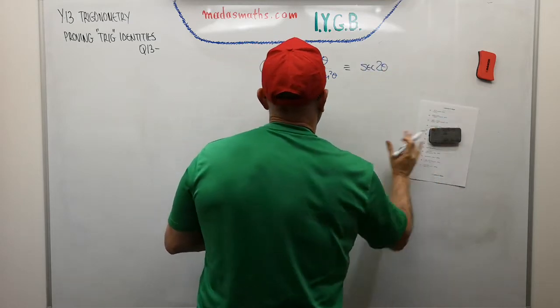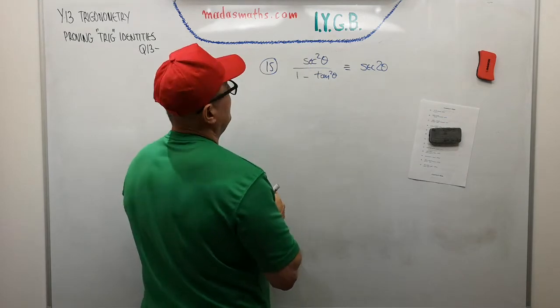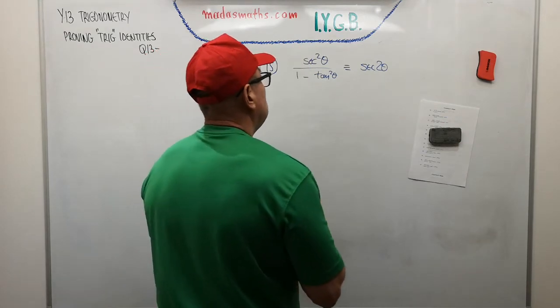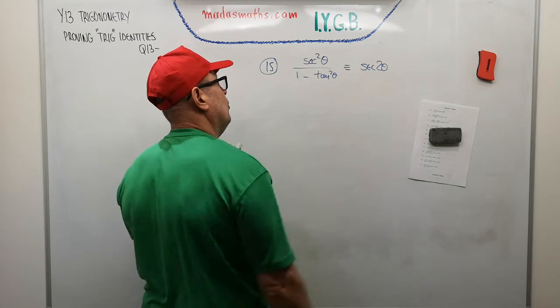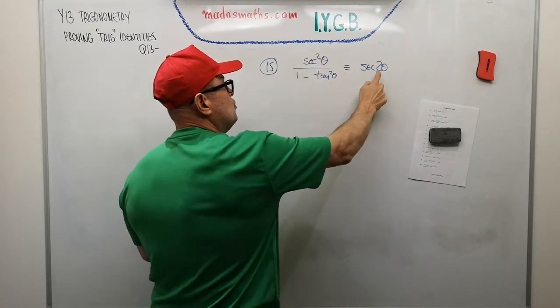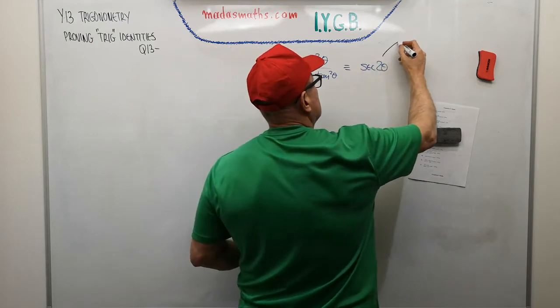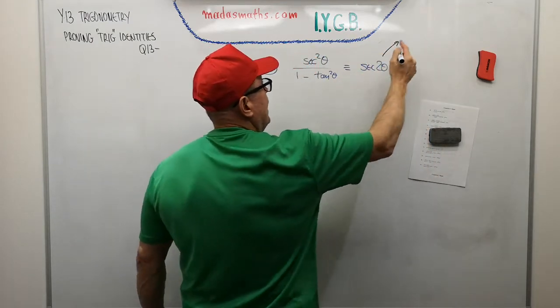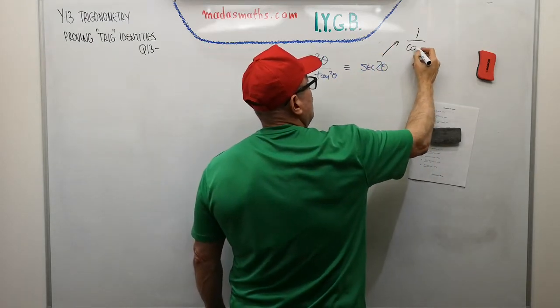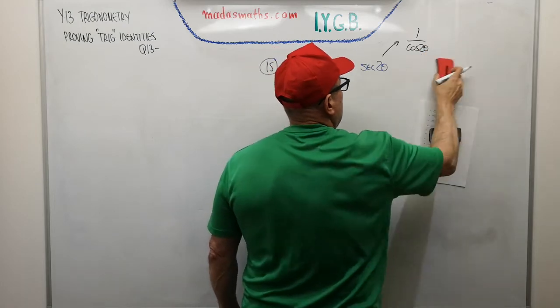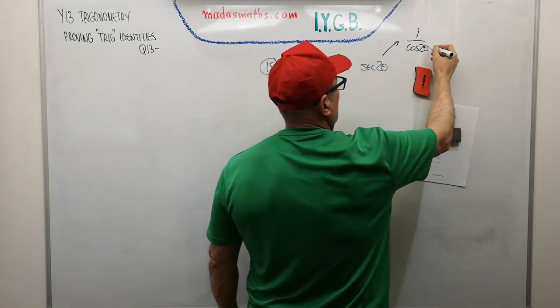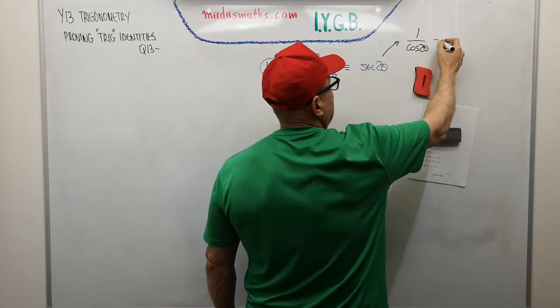All right, clearly start with the left hand side for this particular one. What can I do? The question is, of course, I need to go from single to double. And when will I know that I'm done? I'm just doing a little bit of forward thinking: I will know I'm done when I get 1 over cos 2 theta. And when will that be the case? Working backwards, what must it look like on the denominator?